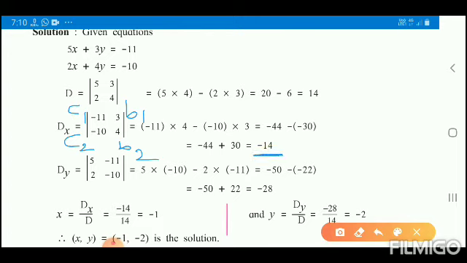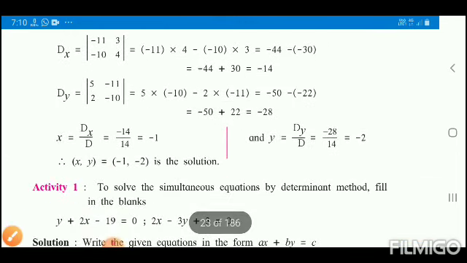You can see it in your book. Now the value of Dy: except the coefficients of y, so a1, a2 and c1, c2. So the value will come negative 28. So the value of Dy is equal to negative 28.